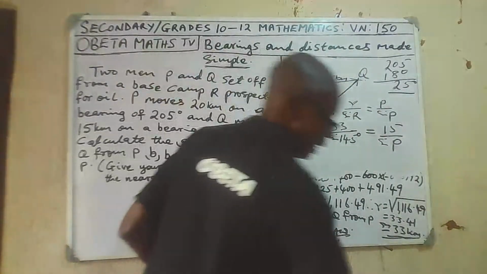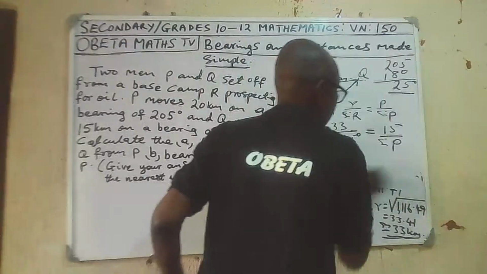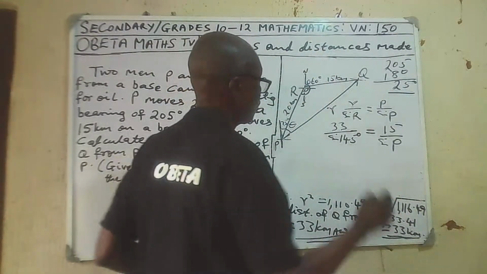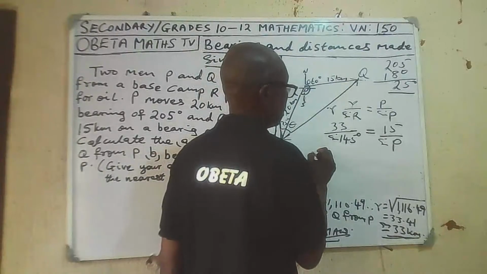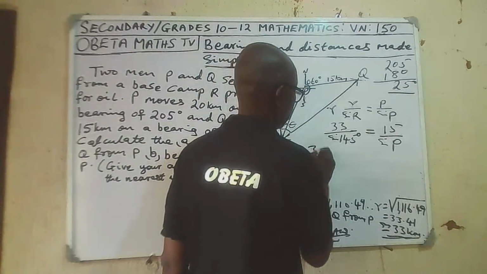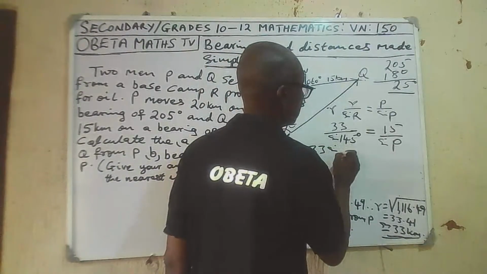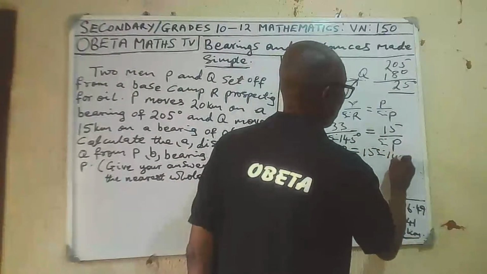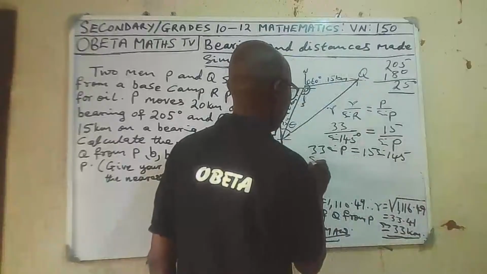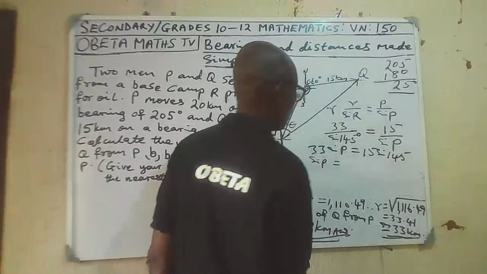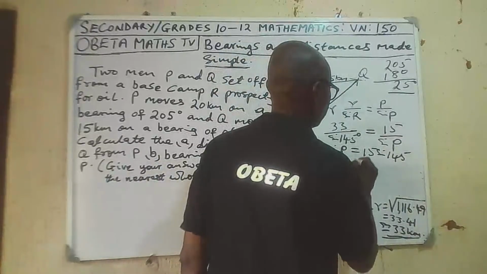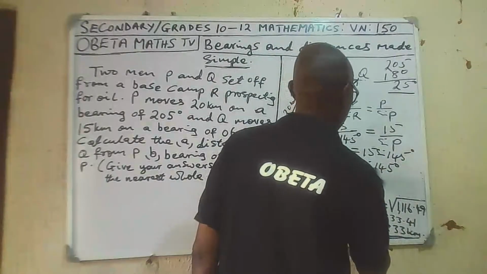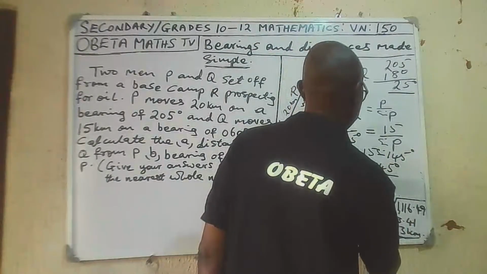So we cross multiply, and if we cross multiply, we are going to have 33 sine P equal to 15 sine 145. So that sine P is equal to 15 sine 145 degrees all over 33.